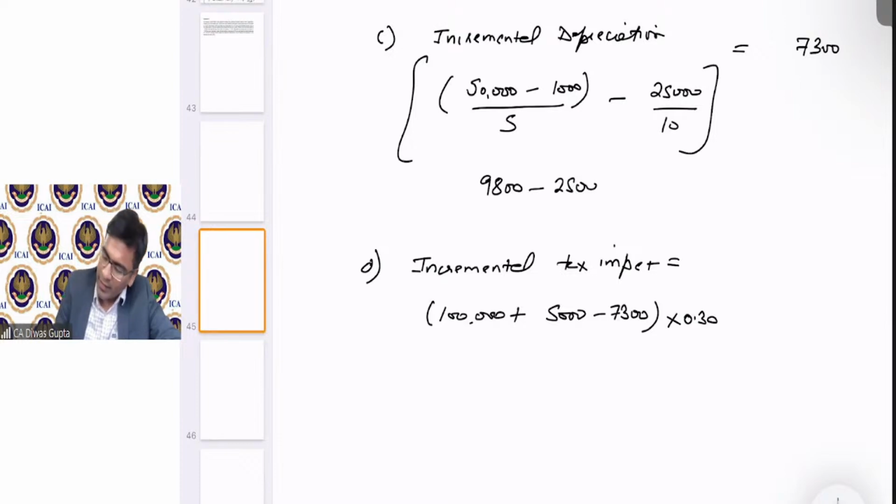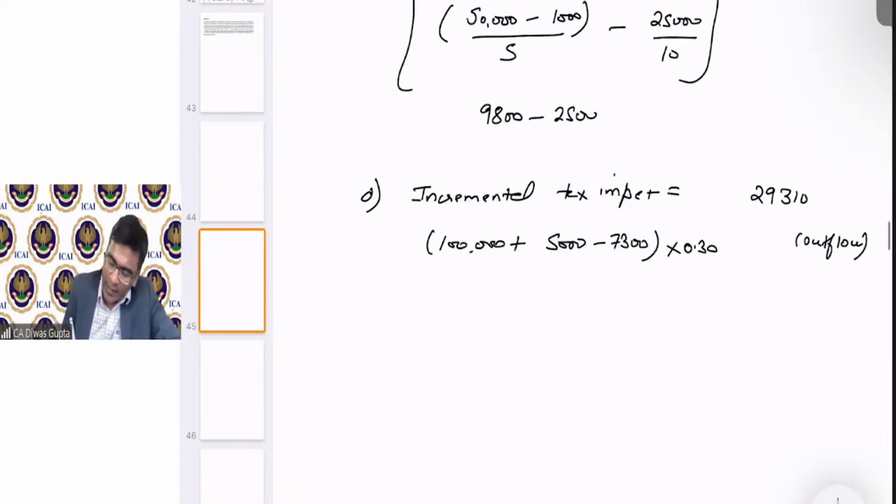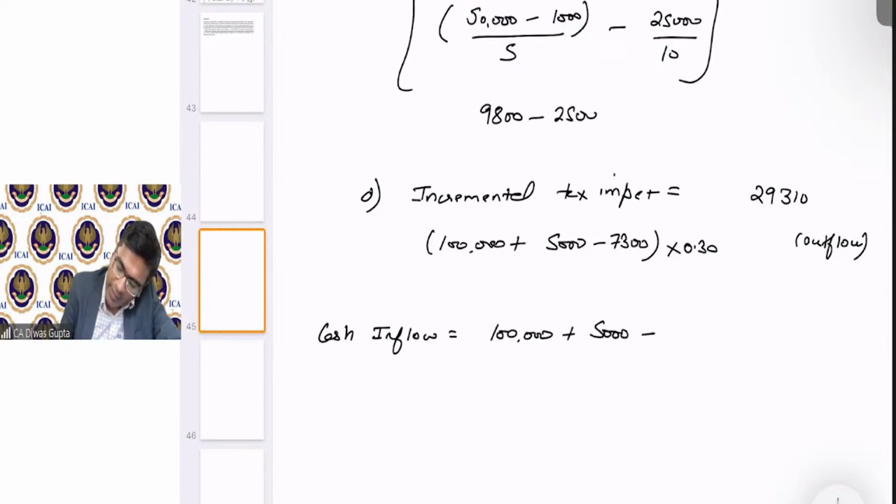So this comes as 29,310. This is the tax impact, right? This is an outflow. Okay, students. So can I say that now finally cash inflows will be 1 lakh plus 5,000 minus 29,310.